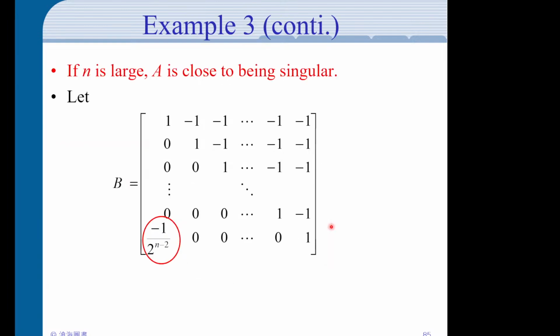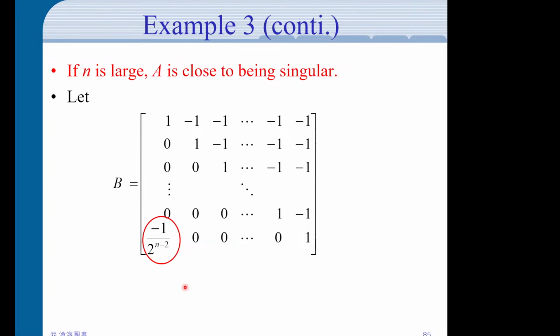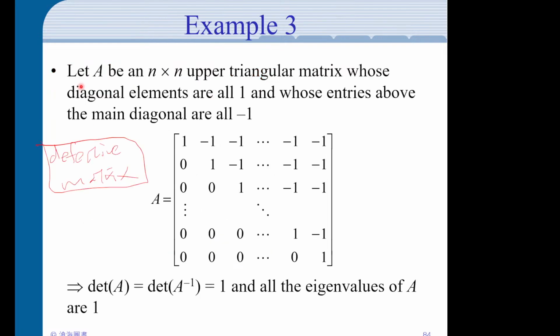But even though A has all those eigenvalues equal to 1, A is actually very close to a singular matrix. That is, the singular values of A are not all close to 1.